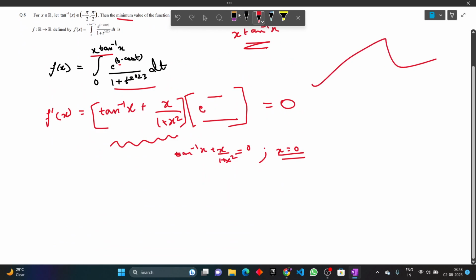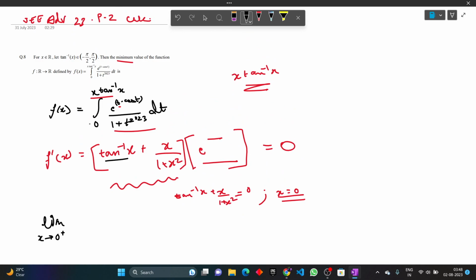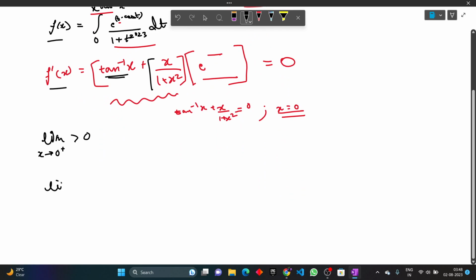For that, we can try using the limits. If I say limit x tending to 0 positive of f dash x, this will be positive and this will also be positive, so it is greater than 0. But limit x tending to 0 minus, it will be negative.